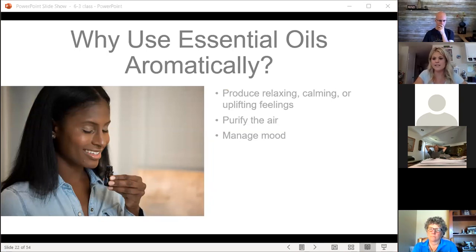One of the greatest benefits of using essential oils aromatically is, as I mentioned, it's relaxing, it can be calming, uplifting, and it can invigorate your environment. Lots of potent change can take place with the aromatic method. If you're trying to calm your atmosphere down, diffusing certain essential oils in the room can help.